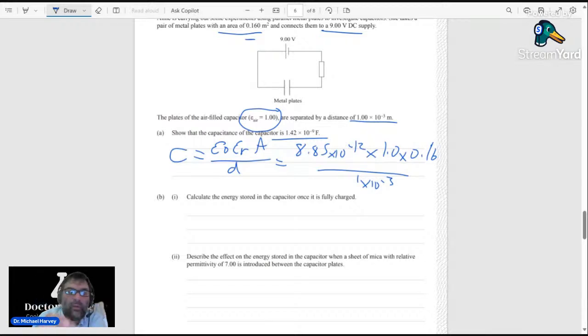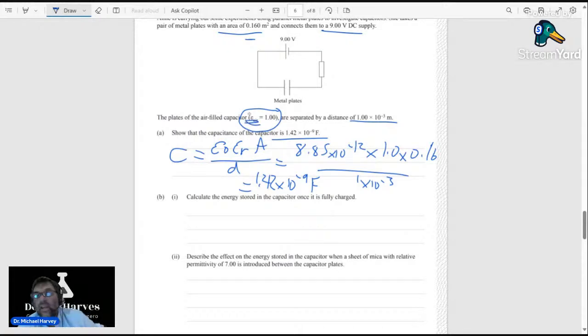So if we plug those numbers in, we get 1.42 times 10 to the negative 9 farads. That's your achieve point. And ER is the material between. That's correct. In this particular case, it's air.